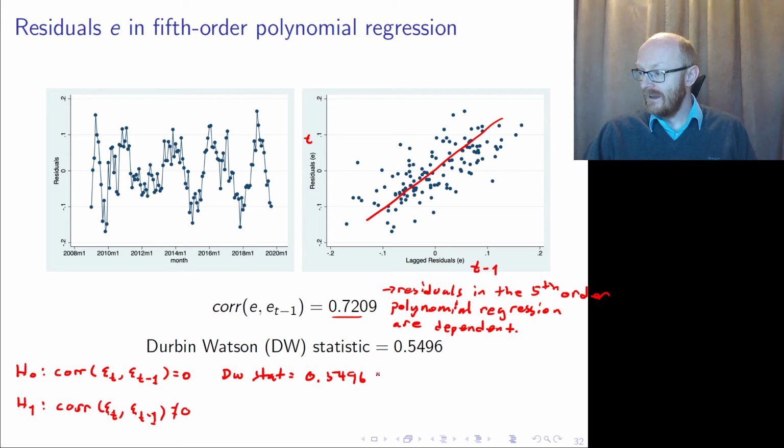The Durbin-Watson statistic of 0.5496 is smaller than the lower critical value of 1.69.